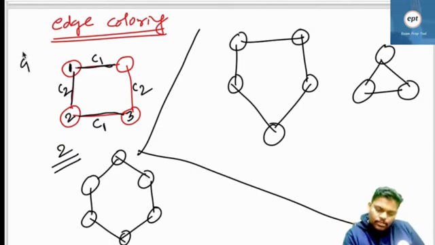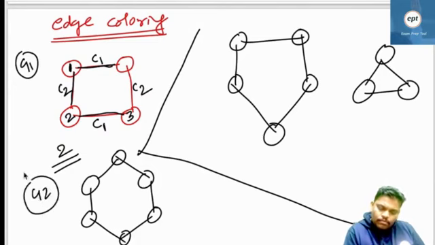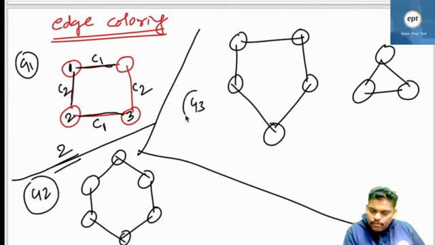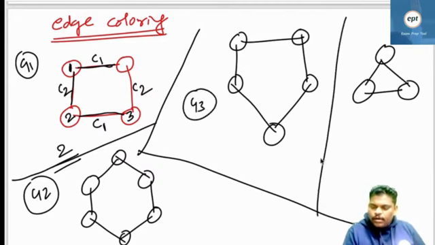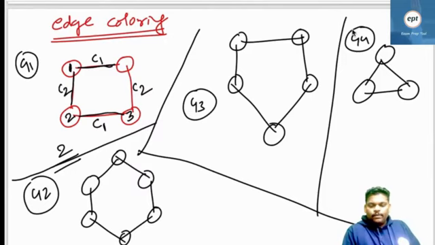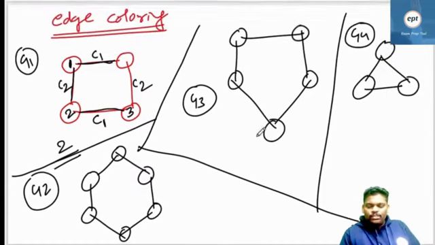Let me give the numbers also. It is the G1 graph, the G2 graph, the G3 graph, the G4 graph. Try one by one. What is the edge coloring of each and every one? Complete this one time, then we will go to our actual problem.